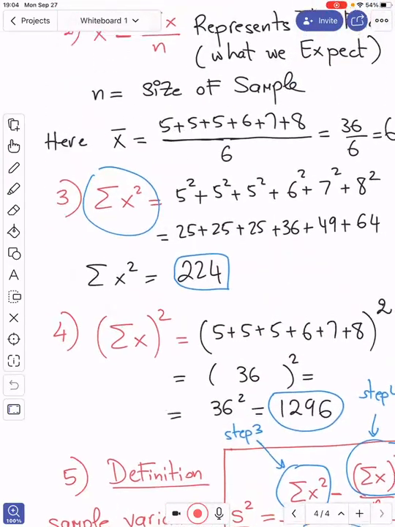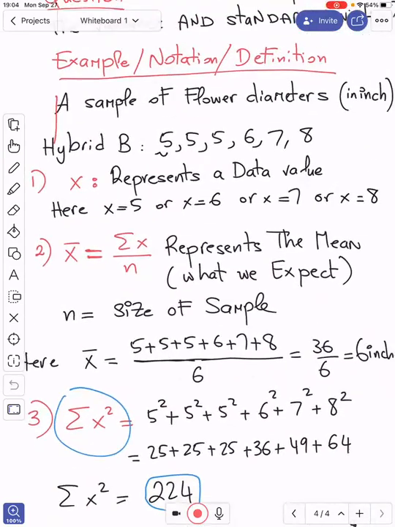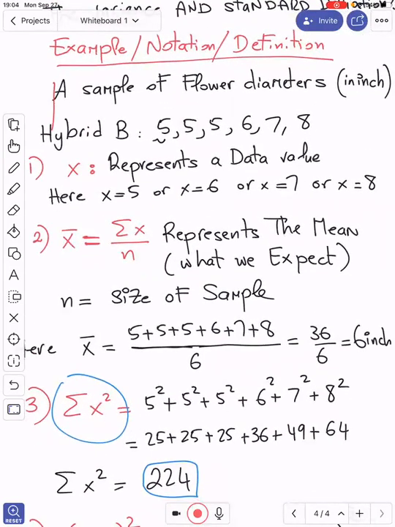So remember, guys, in our example here, in this hybrid B, the mean is 6. We said X bar, the mean, the average is 6. So when I take any data value, what I expect is that my data value is going to be close to the mean. As you can see here, 5 is close to 6.